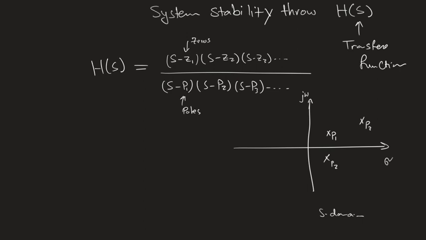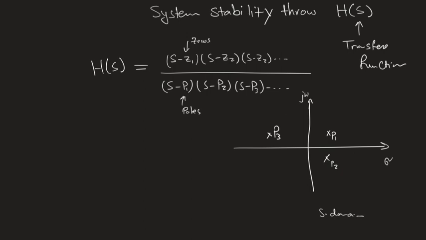We also have the zeros of the system, but we don't care that much about the zeros in terms of stability. Let's say that this is where p3 is. Now, if your system has poles with a positive real value, then this is an unstable system.